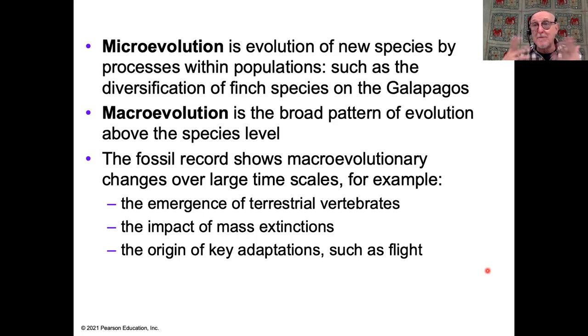There are many processes which we observe that have led to the huge diversity of living things. But we need to remember that all living things are united in that we all share a common ancestor.